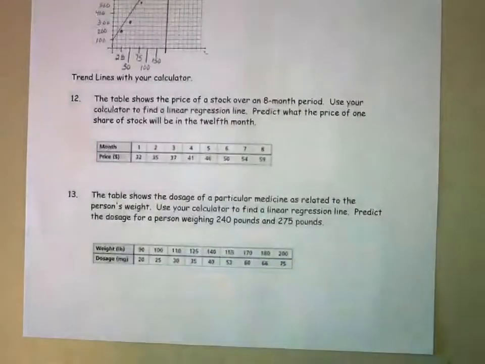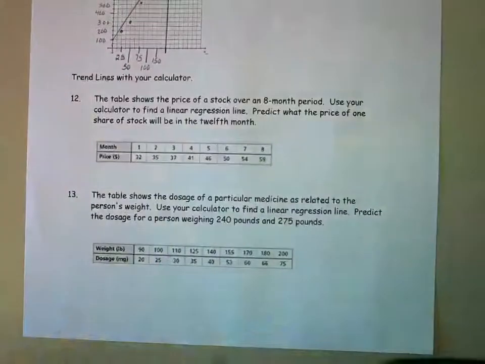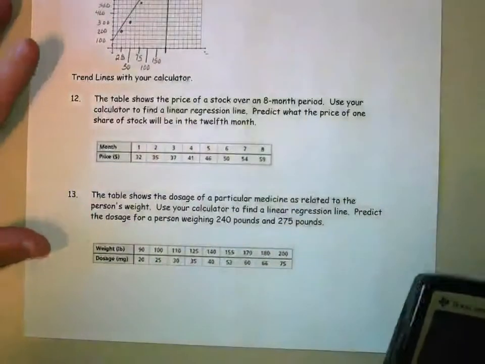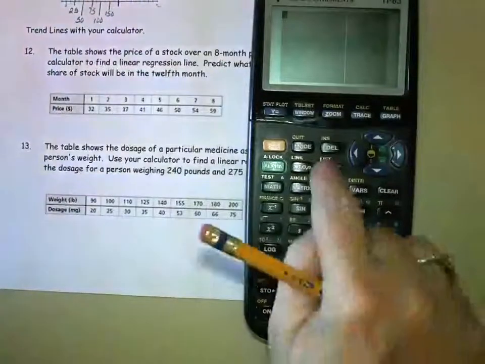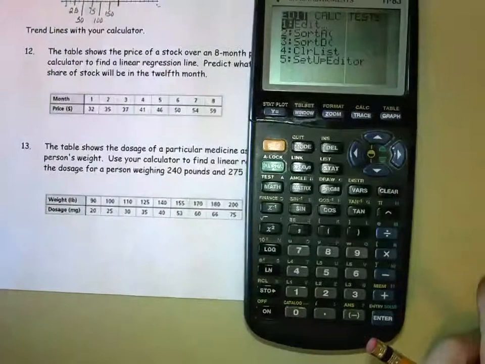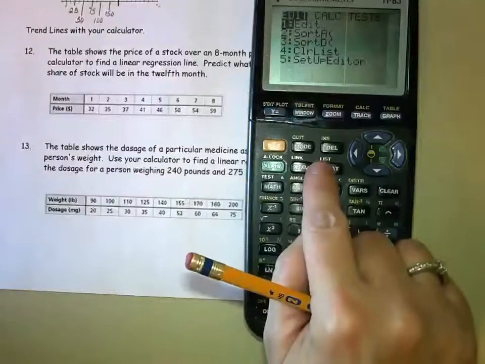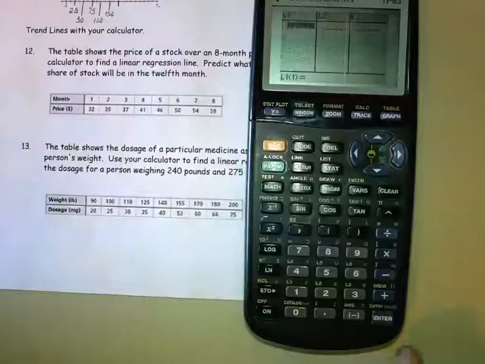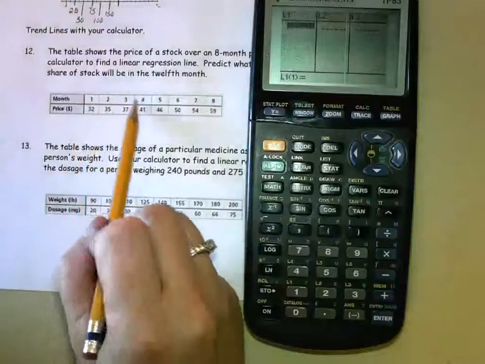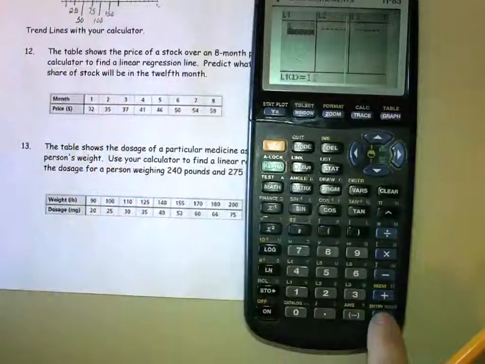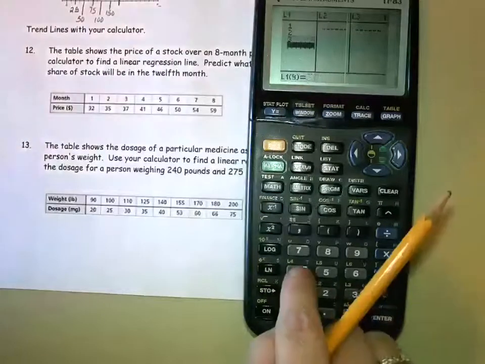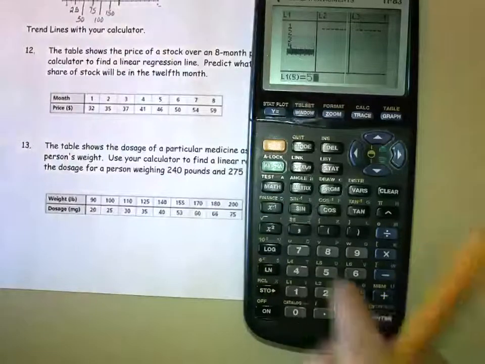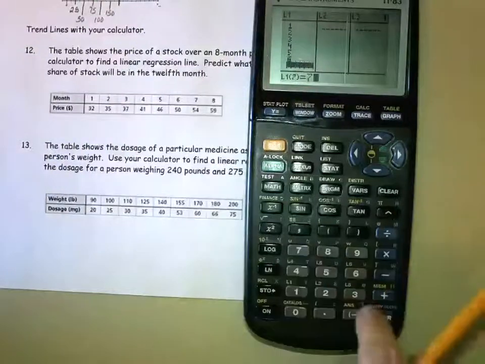We can do these trend lines on our graphing calculator, and this is pretty sweet. This is the price of stock over an 8-month period, and we're going to use the calculator to find the regression line. So you go to Stat, and we're going to do Edit, and we're going to enter in our first column 1, enter, 2, enter, 3, enter, 4, enter, 5, 6, 7, and 8.